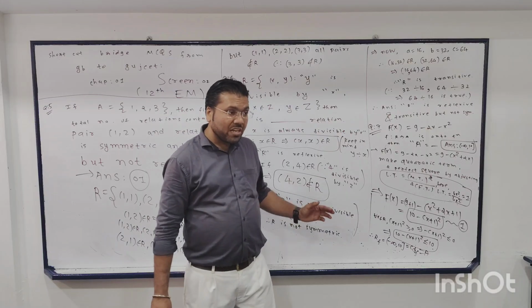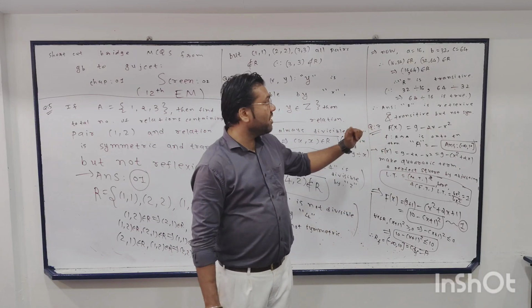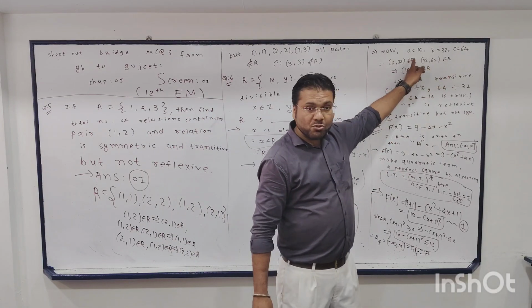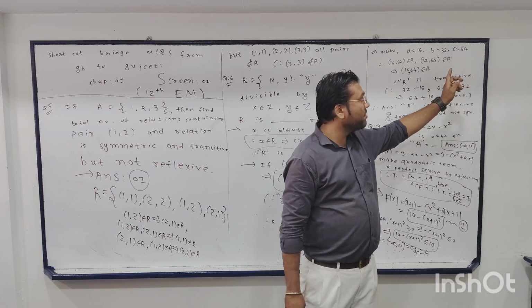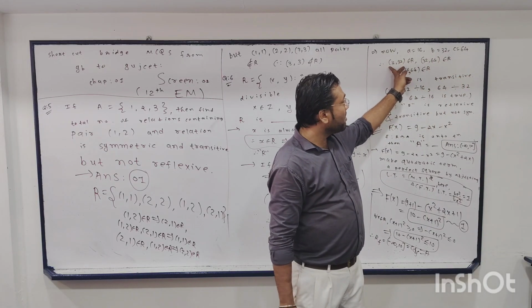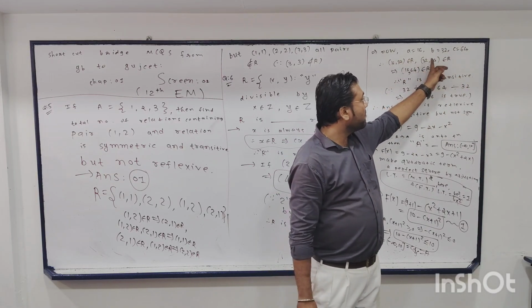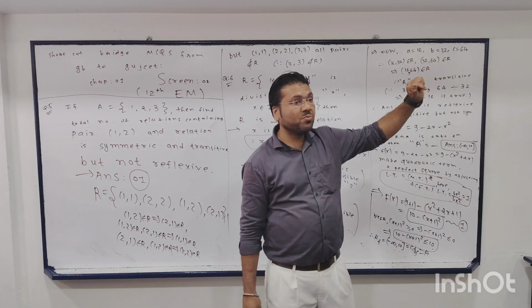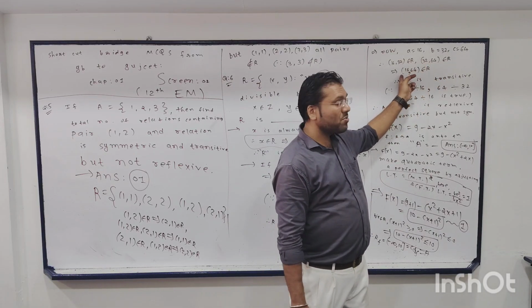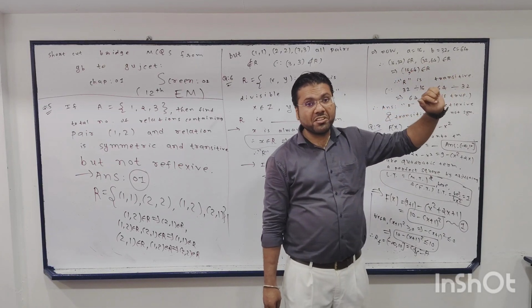And now we will check for the transitive relation, friends. So here I have given one example. 32 is divisible by 16, 64 is divisible by 32, then 64 is also divisible by 16.